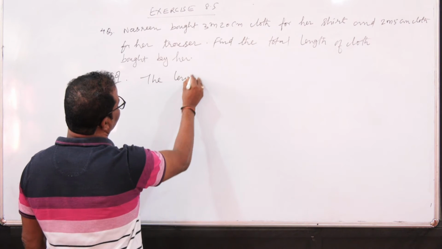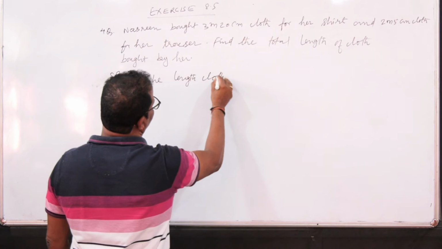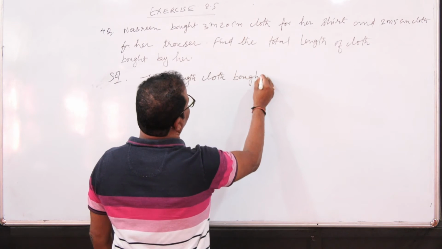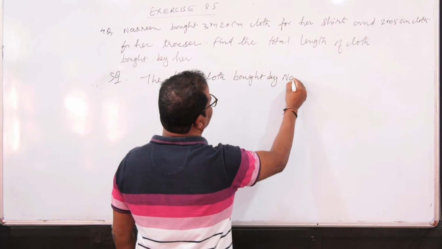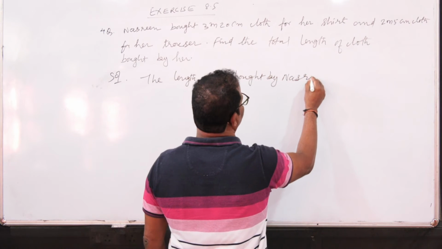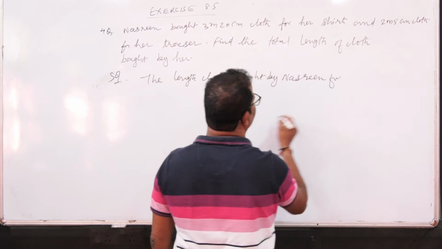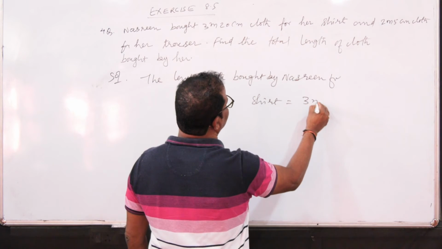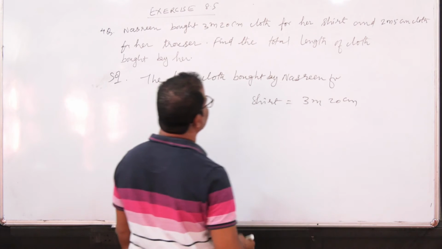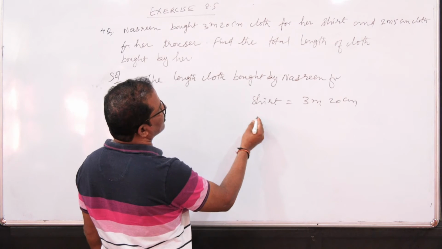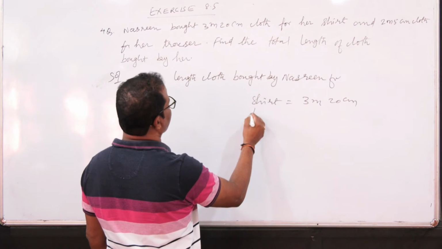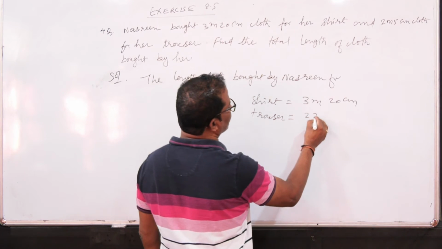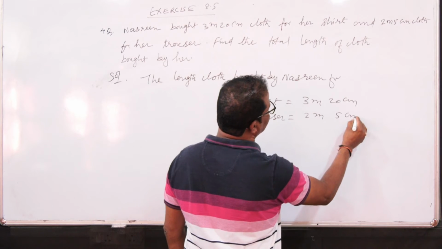The length of cloth bought by Nasreen, first for shirt, how much length? 3 meter 20 centimeter, and for trouser is equal to, that is how much? 2 meter only 5 centimeter.